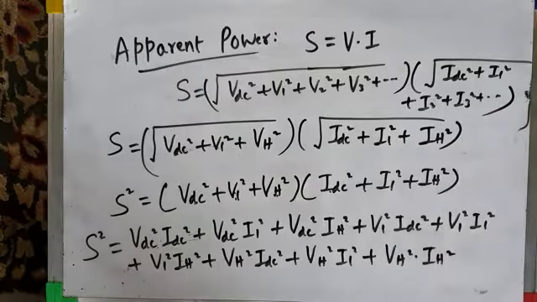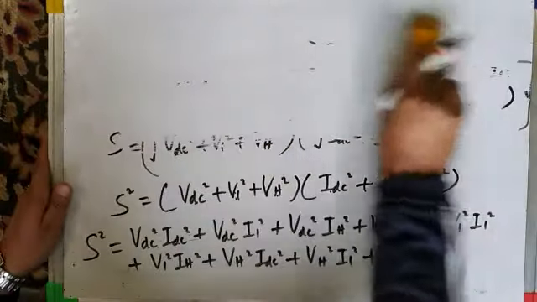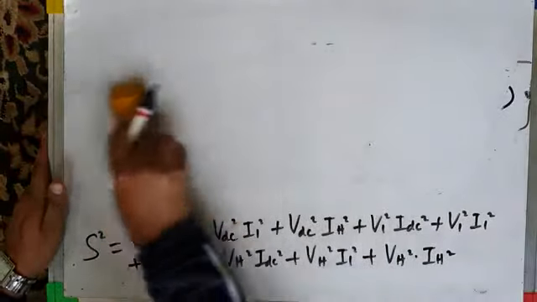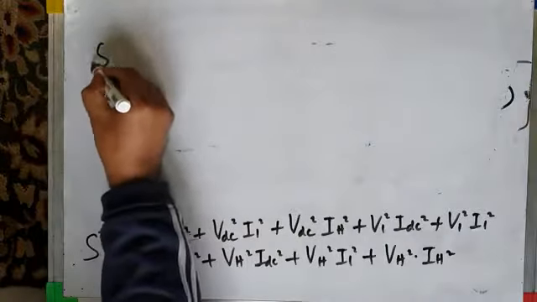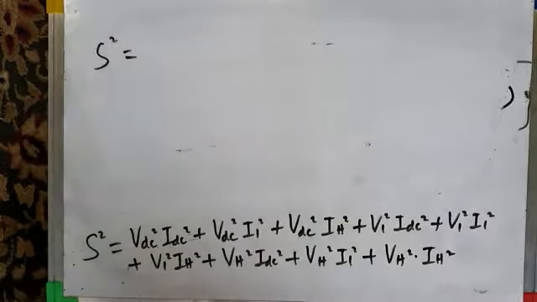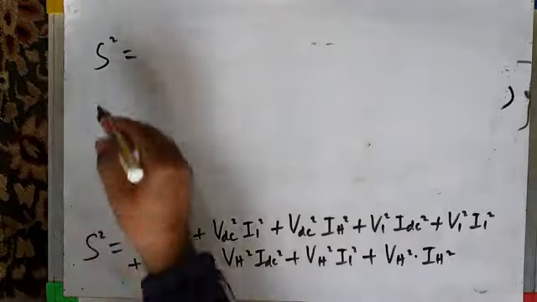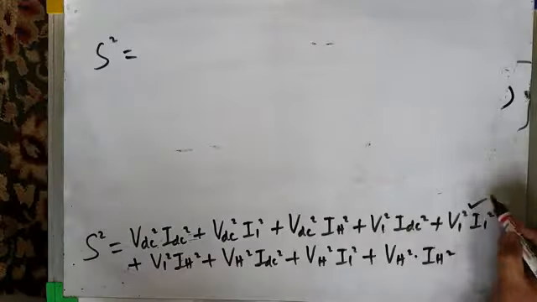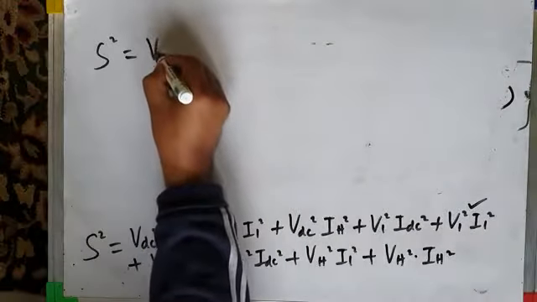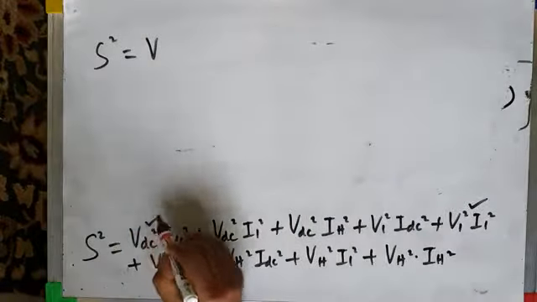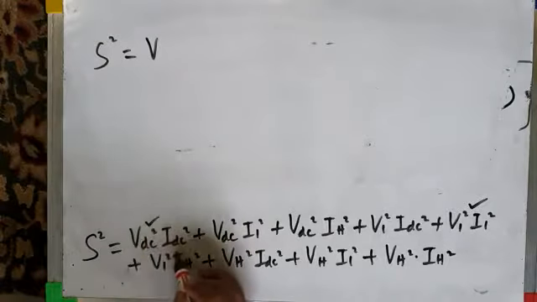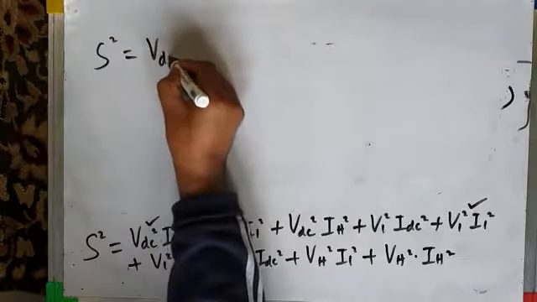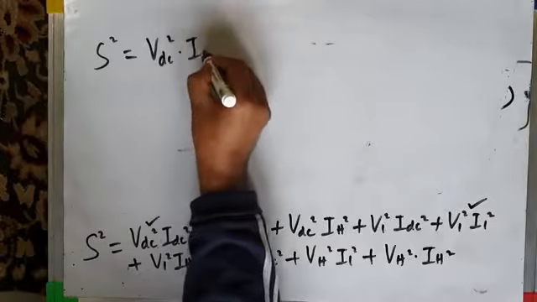So this will give a very interesting, very useful result, and therefore I can write S square equal to, let me first of all write the fundamental apparent power, that is V1 square into I1 square. Let me first of all write the apparent power due to DC offset, VDC square into IDC square.